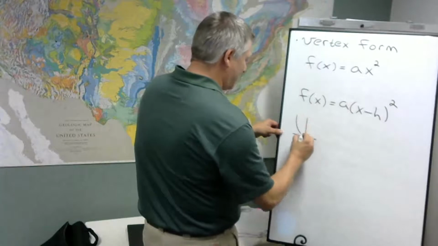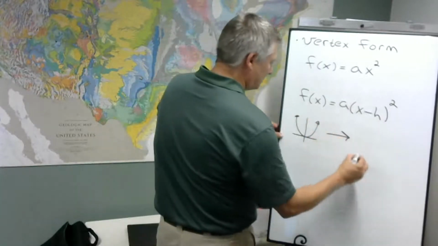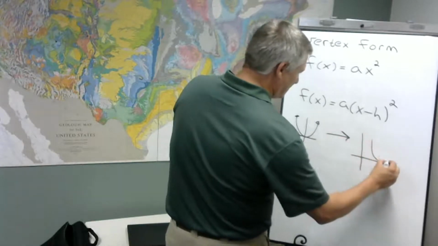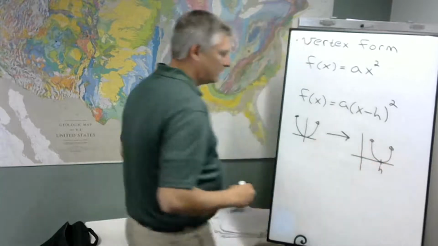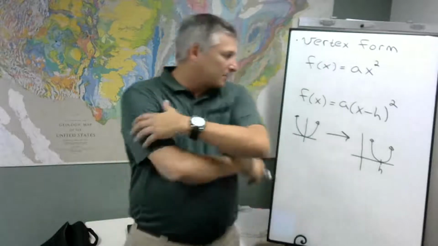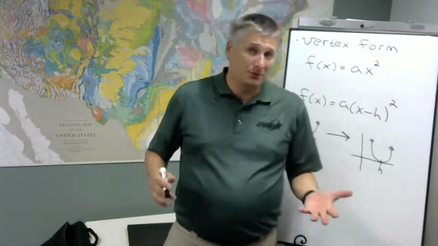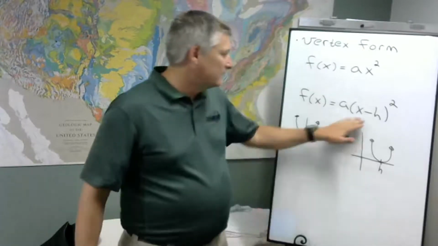So this means our parabola will do something like this. Now, when we did transformations, we used the letter c, and we always assumed it was greater than 0.